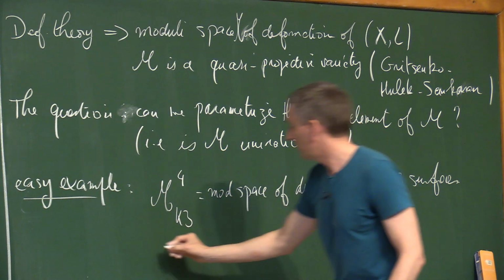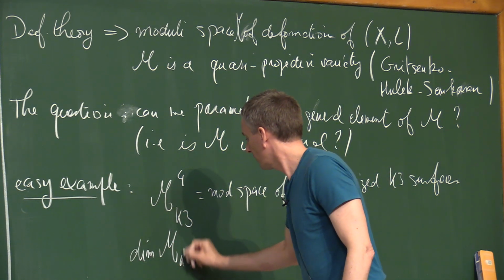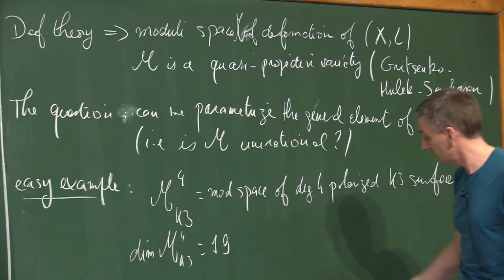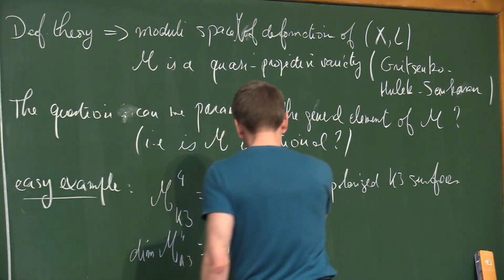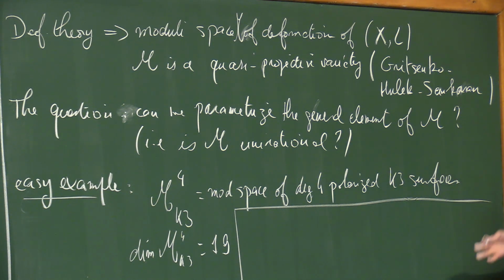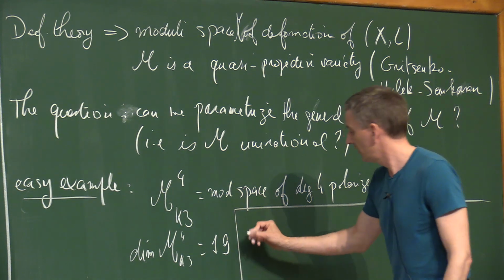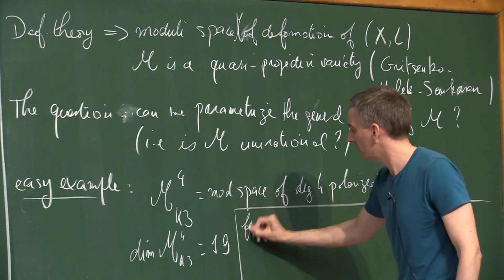By deformation theory, we know that the dimension of this moduli space is 19. But we also know a very big family inside this moduli space given by quartics. So this is the dimension by deformation, and we have the family of quartics.